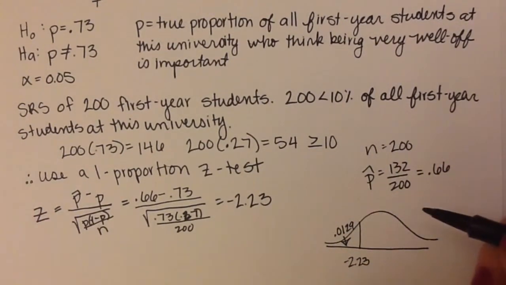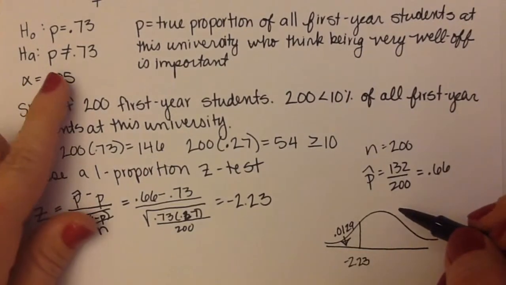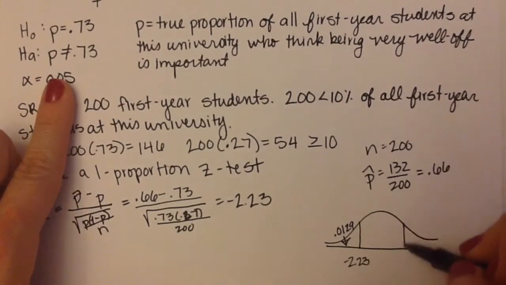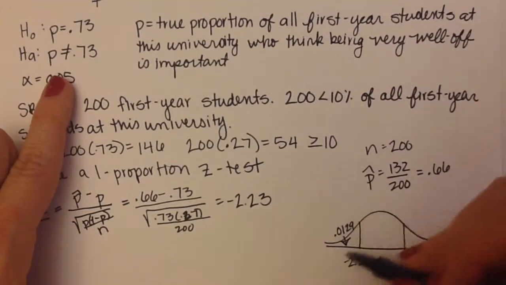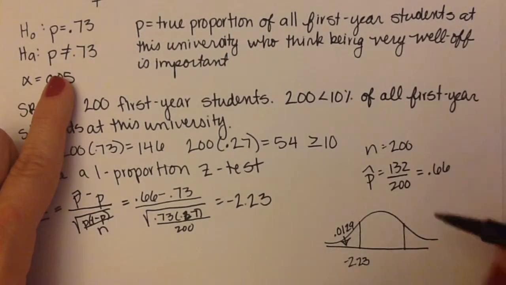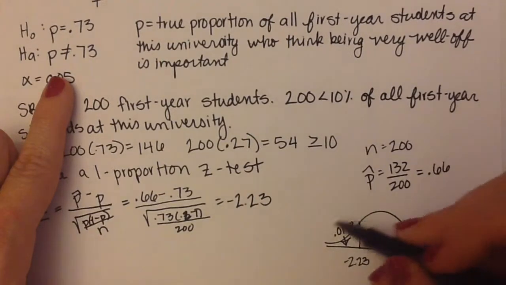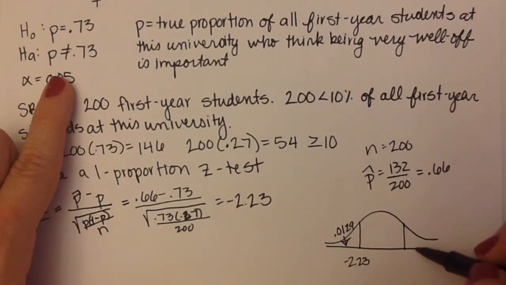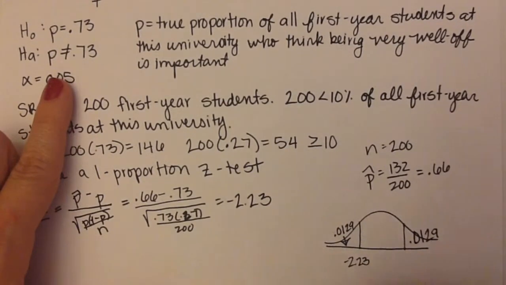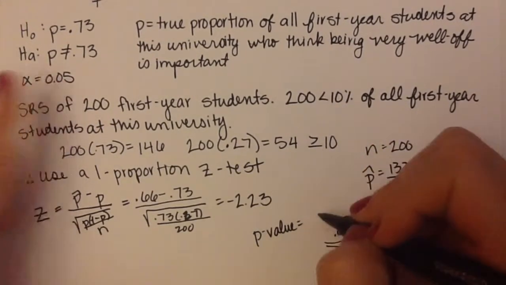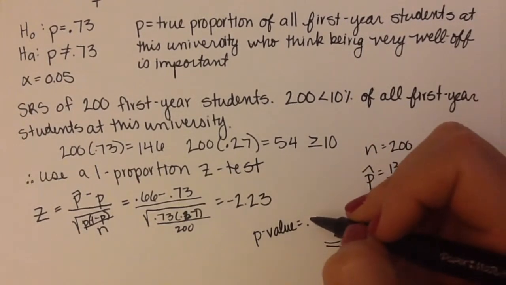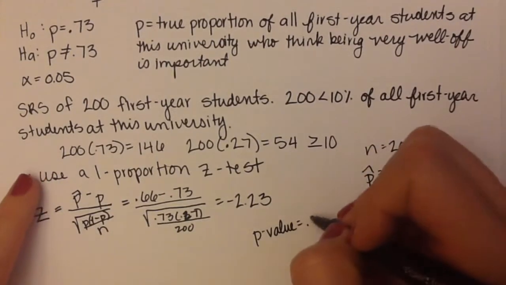But because this is a not equal to alternative hypothesis, I have two tails happening. If this was just a greater than or less than, I'd be done right there. I would just pull that probability. But because it's two-tailed, I have that probability, the same thing happening over here on this side. So this also has a probability of 0.0129, which gives me an actual p-value of 0.0258.